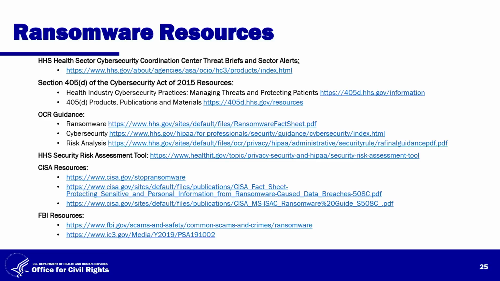Technical Volume 2, Cybersecurity Practices for Medium and Large Healthcare Organizations, Medical Devices and Cybersecurity. OCR Resources on Ransomware, Cybersecurity, and Risk Analysis. Cybersecurity and Infrastructure Security Agency ransomware materials, and FBI resources on ransomware, including information on contacting the FBI and considerations on paying a ransom.